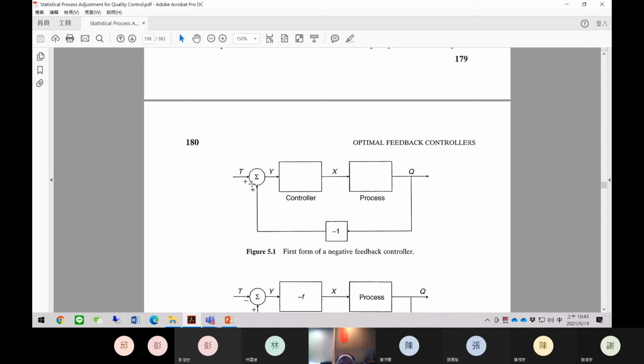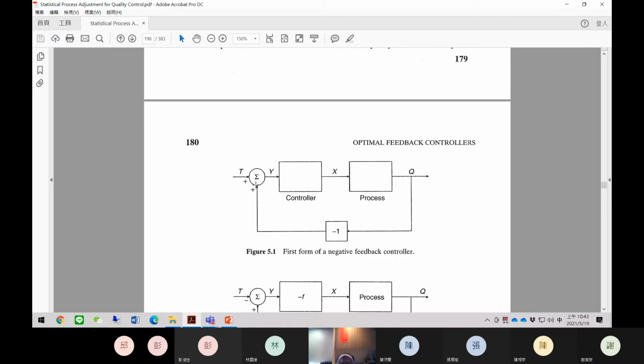So put the process right here, process multiplied by a target, and the Q multiplied by -1. So that's T minus Q, the information provided into the controller mechanism or controller block, and it produces the X, which is provided to the plant in order to generate the Q as close to the target as possible.